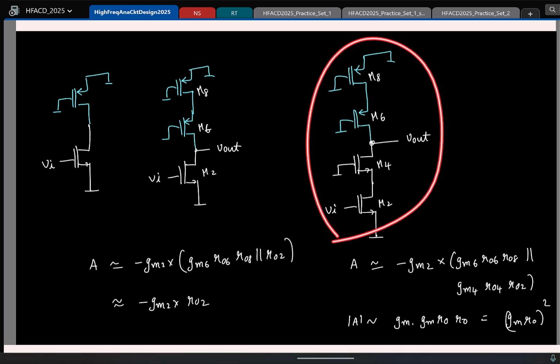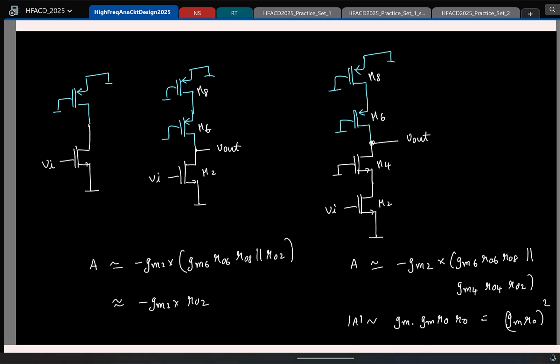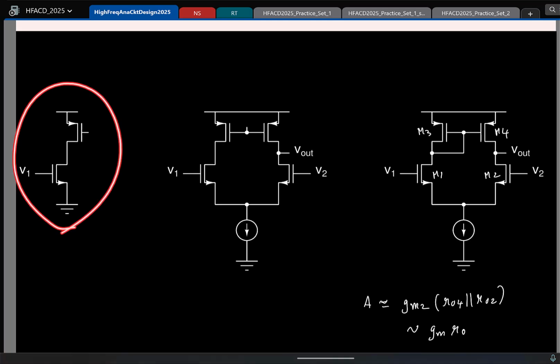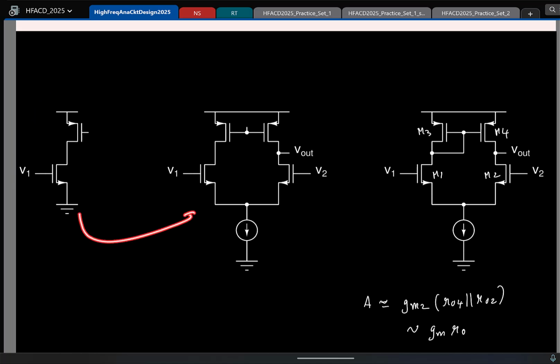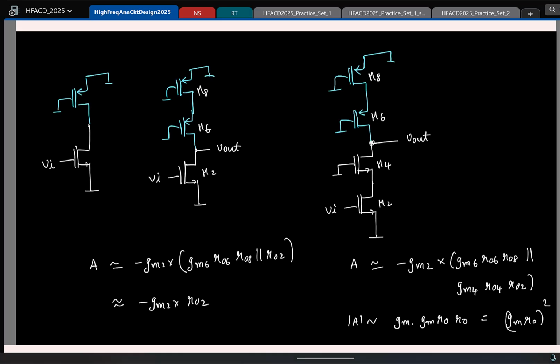So now we have made the single-ended version. So let's try to make it a differential. We have improved the DC gain of this structure. From here we'll go to the differential version. So let's quickly draw that. I'll have the PMOS current source at the top.